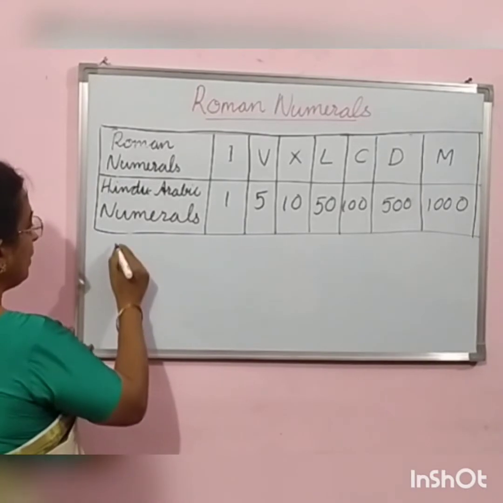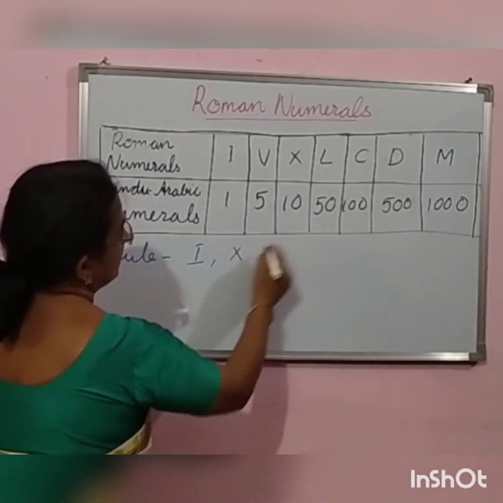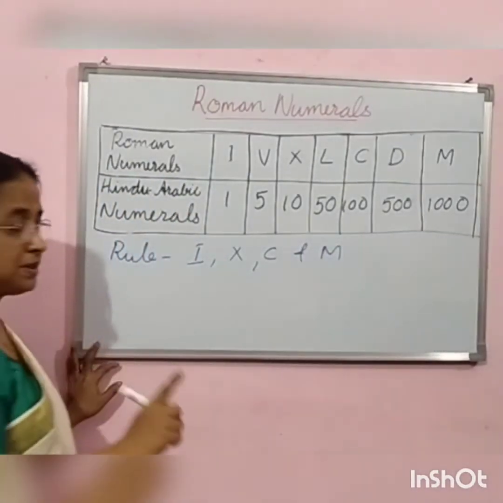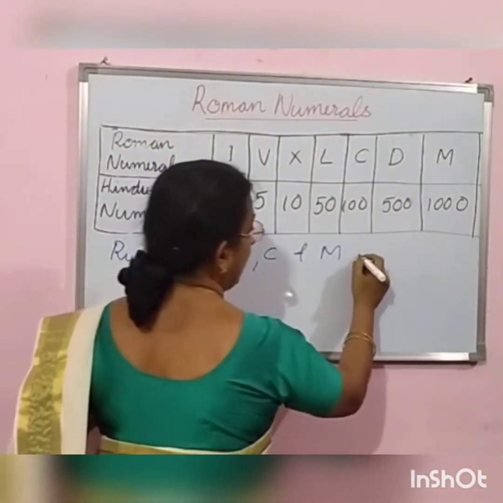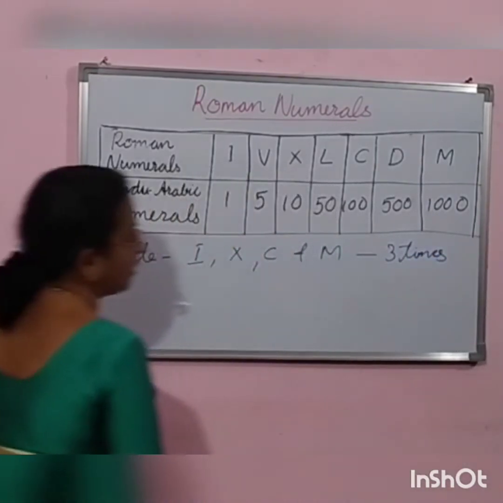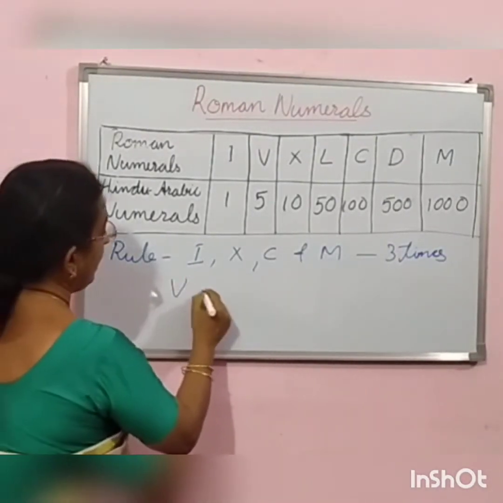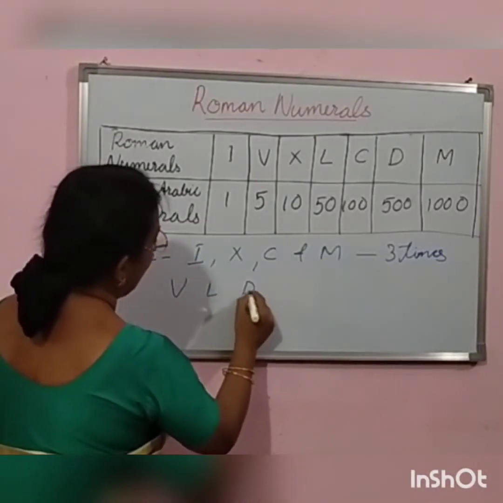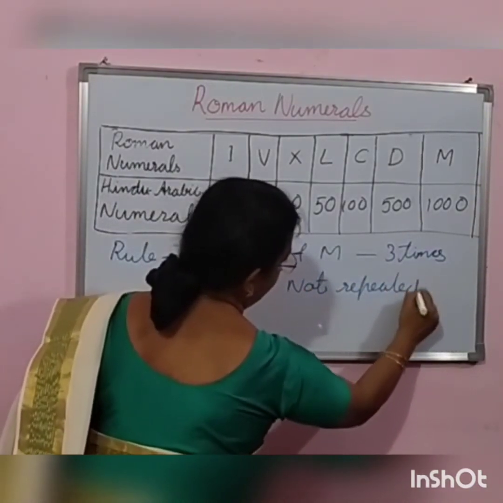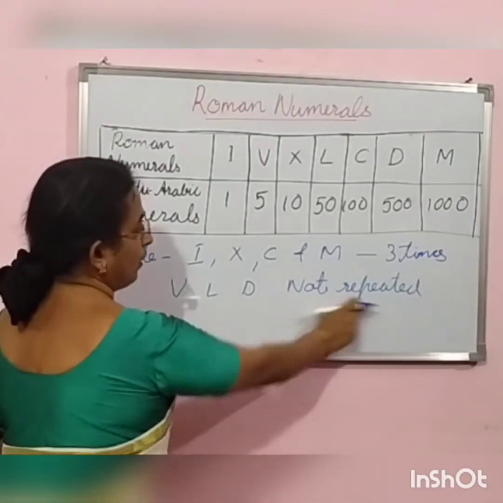Rule 1 is: I, X, C and M are repeated 3 times, but V, L, D are not repeated.